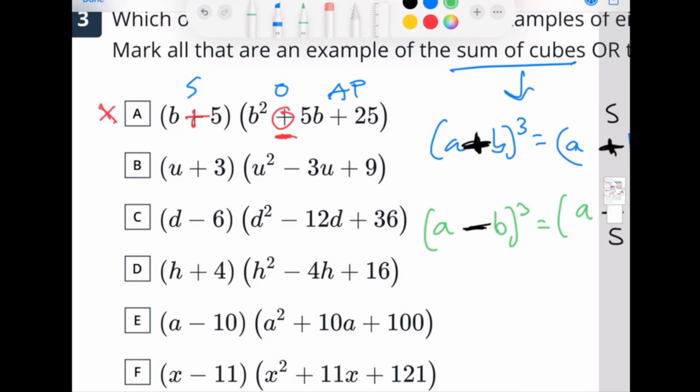Okay? Okay, so I have same, so positive, opposite, always positive. That one works. Okay, let's look at the next one. Same, opposite. Are these opposites? No, so wrong. D.